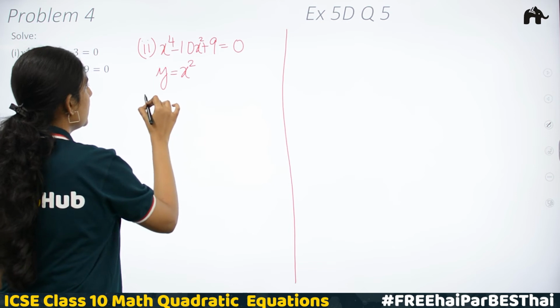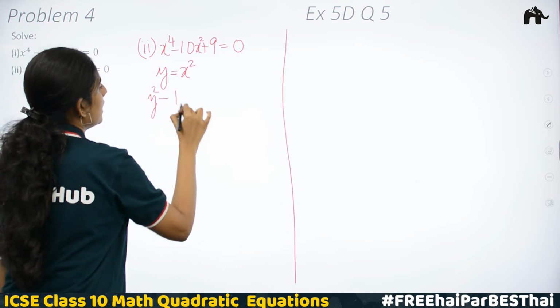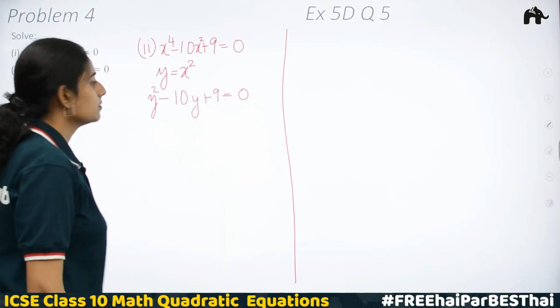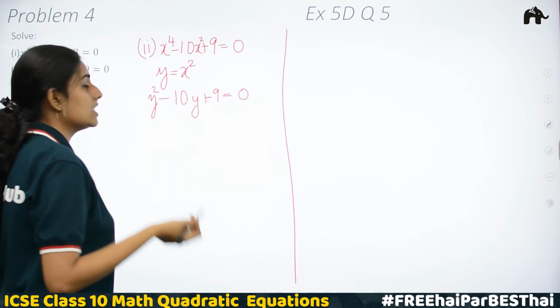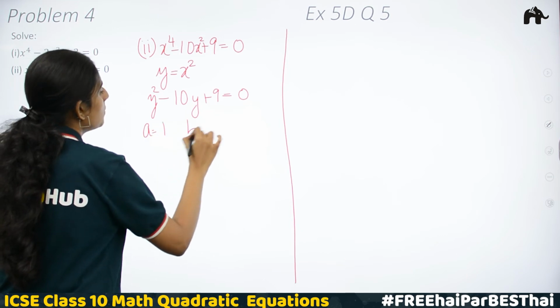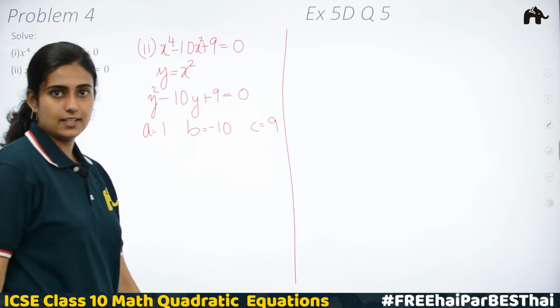X raised to 4 becomes y square minus 10y plus 9 is equal to 0. Here, this is a quadratic equation. Comparing with the standard form of quadratic equation, we get a is equal to 1, b is equal to minus 10 and c is equal to 9.